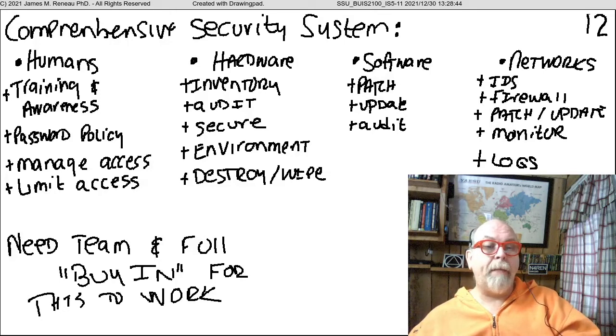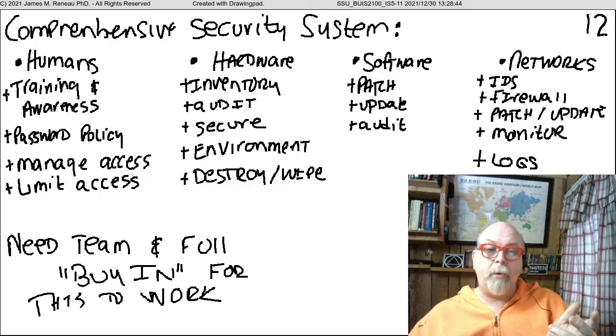We need to worry about the environmental conditions that our hardware is living in: air conditioning, flood resistant, natural disaster resistant, concrete walls, concrete bunkers, whatever. All depends on how important the hardware is, but the hardware is an important component.